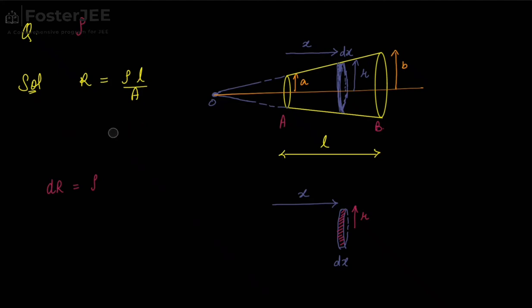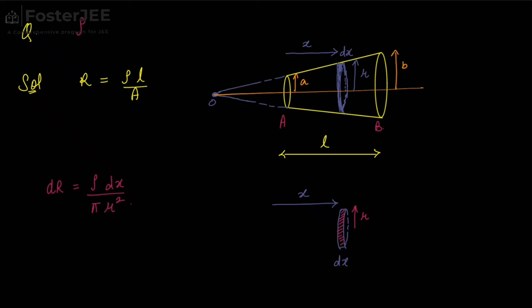So with respect to this element, the current will pass like this. So it will have to travel a distance of dx upon, what is the area of this section? The area of cross section is pi r squared. Now in order to get the whole resistance, rho is constant, pi is constant. We have to get r in terms of x or vice versa.